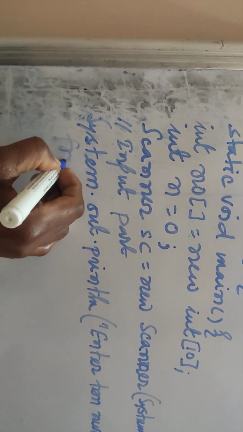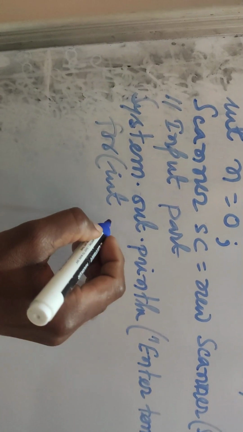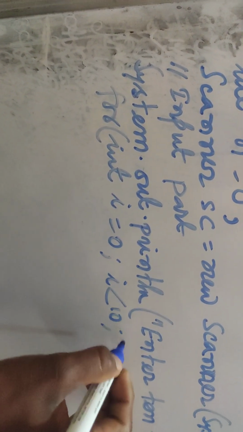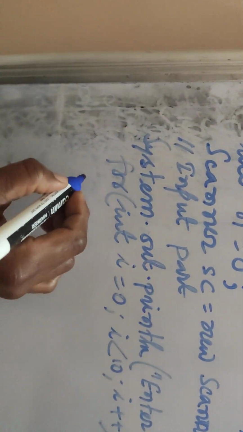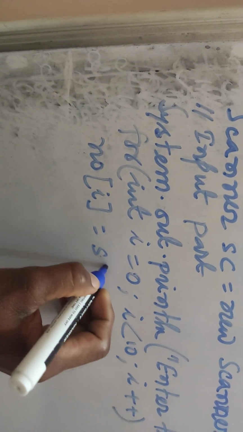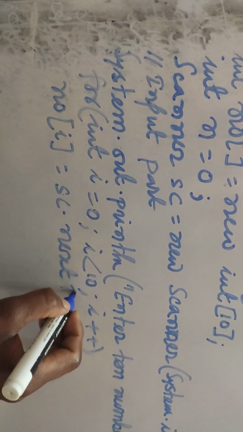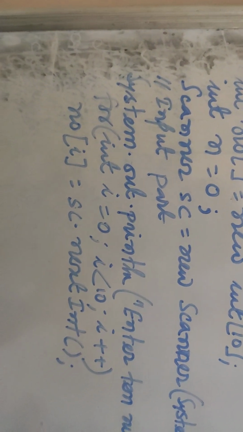Then you have to give a loop: i equal to 0, i less than 10, i plus plus. Then the variable number. This is your input part completed. sc dot nextInt, because your data type is an array variable, I am taking as an integer.